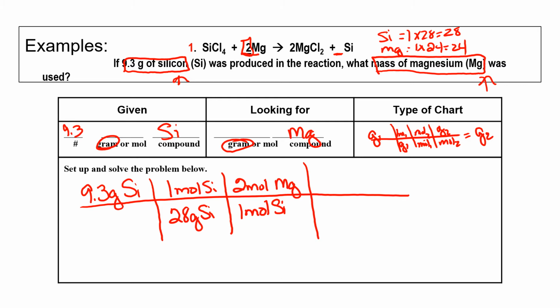Now we need to convert our moles of magnesium to grams of magnesium. So we know that 1 mole of magnesium is equal to 24 grams of magnesium. So now we just need to go to our calculator and plug it in.